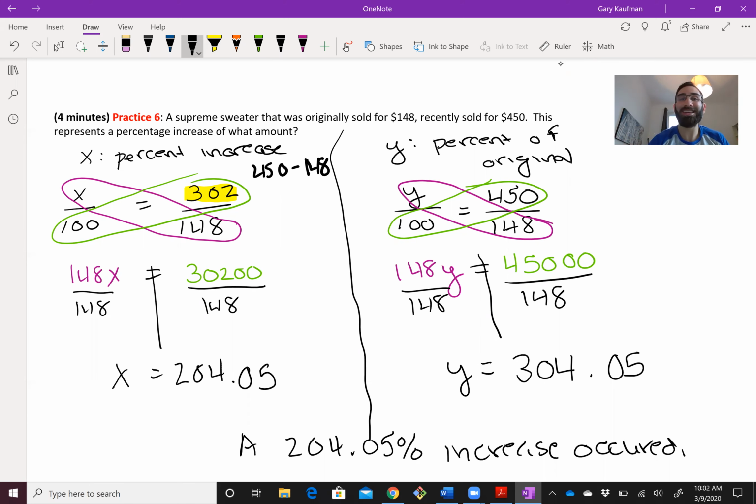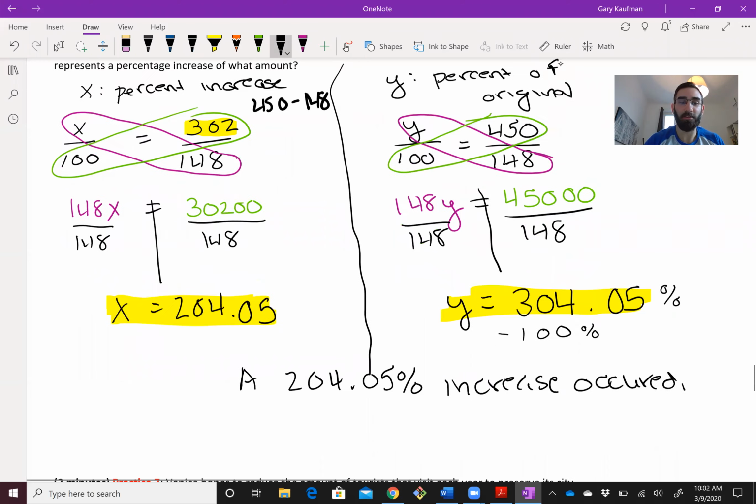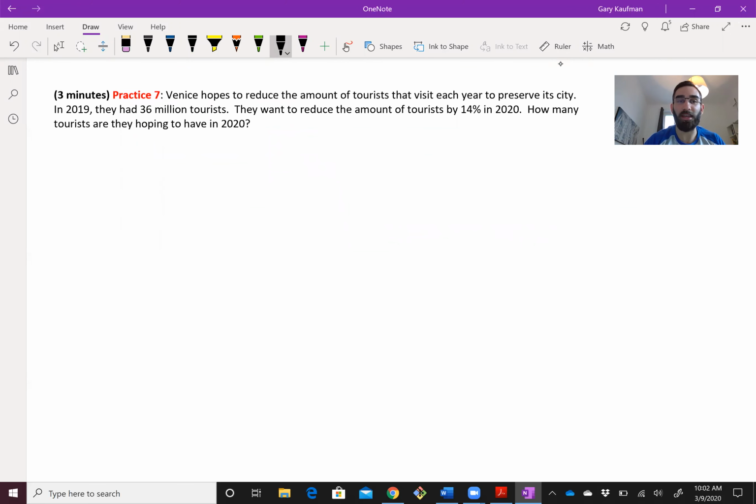Well, that means I'm taking into account the 100%. So it makes sense that in the end, the value of Y is 100% more than the value of X. But when I'm talking about the increase, I don't want to take into account that 100. And so for the Y, I would have to subtract the 100% from the 304% to still get the same answer.